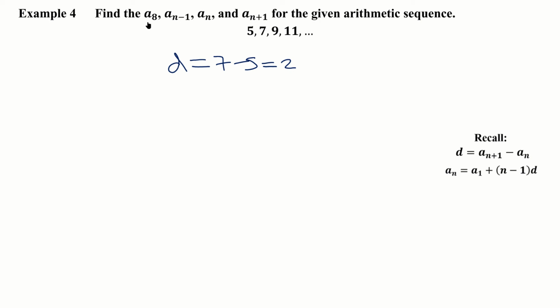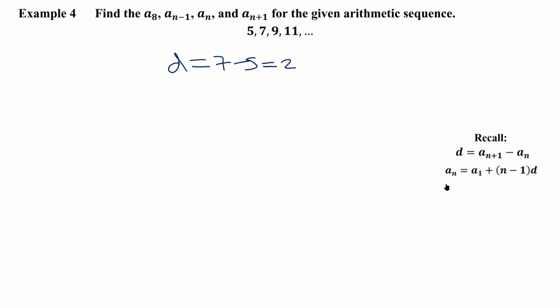Now, for finding any of these 4 terms, the first thing I'm going to focus on is An, because that's my general term. Once I know An, then I can replace n with any other value, such as 8, n minus 1, or n plus 1, and get those results as well. So first I will find An, and I know that I can do that using this formula.